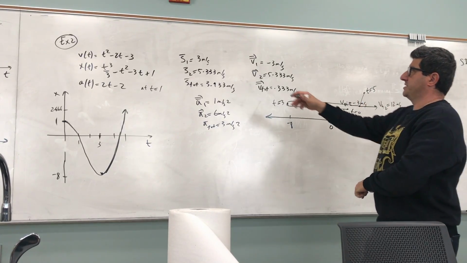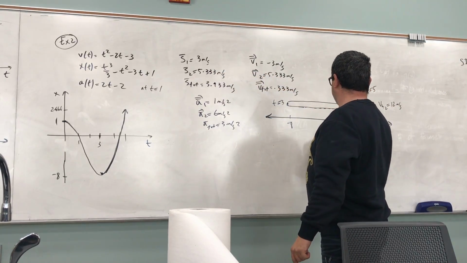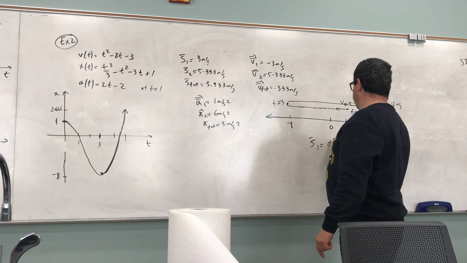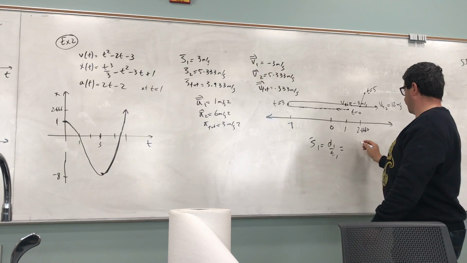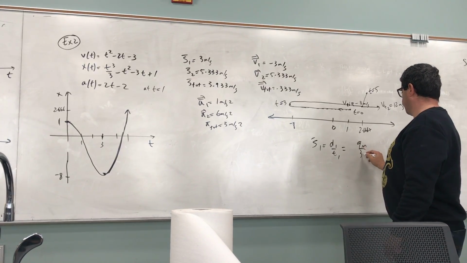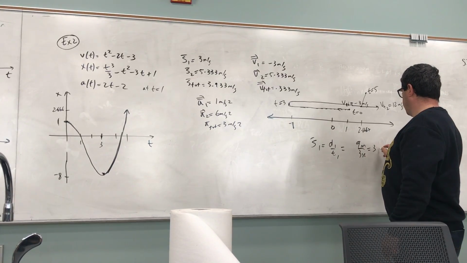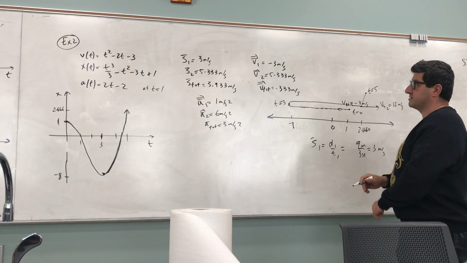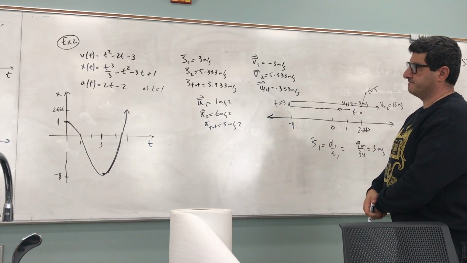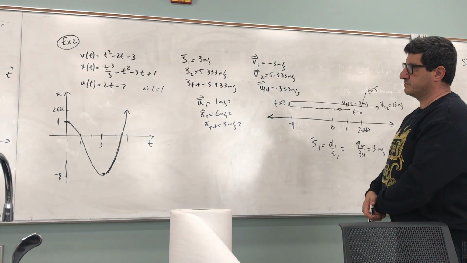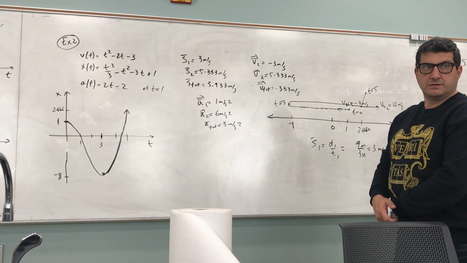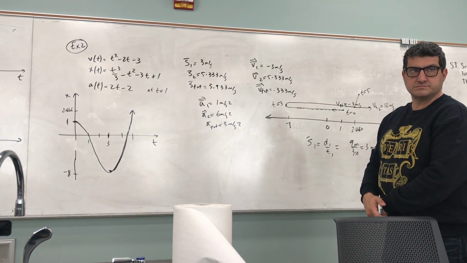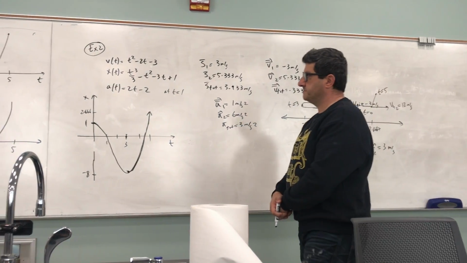So how did we get the average speed is 3? We took the distance over the time, and the distance was 9 over time is 3 meters per second. You can have the velocity function right now. At t equals 1, what is the velocity function?